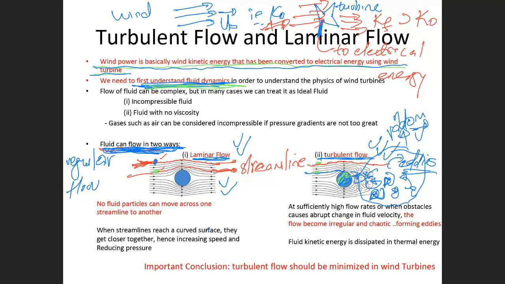In other words, the fluid is moving in random directions, and the flow is chaotic in nature. The important thing you need to understand about the difference between laminar and turbulent flow when it comes to wind turbines is that in turbulent flow, the overall kinetic energy of your fluid will be lost as thermal energy.